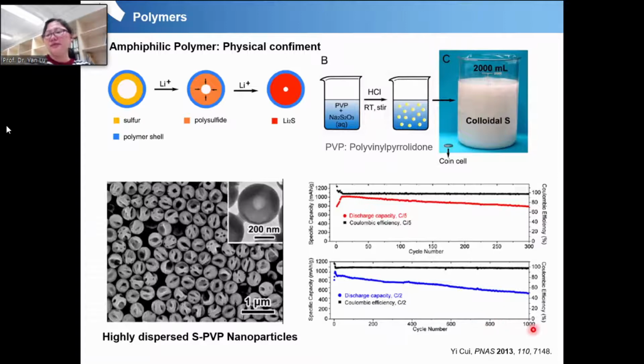If you do one cycle at 0.5 C, you can imagine one cycle means you need at least 2 hours, depending on the sulfur loading amount. So this one curve is already 1 or 2 months of work, because we need to wait for each cycle.